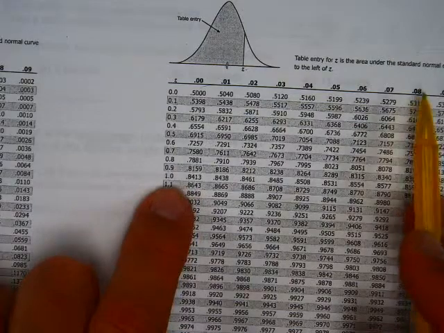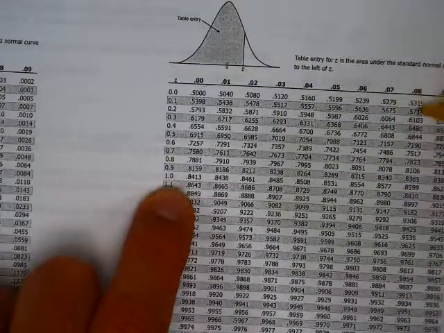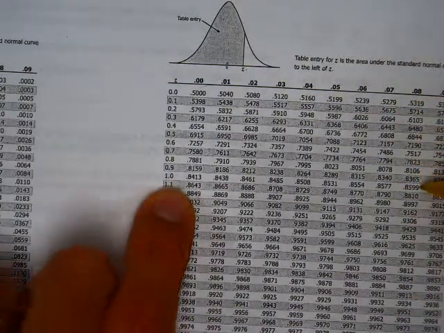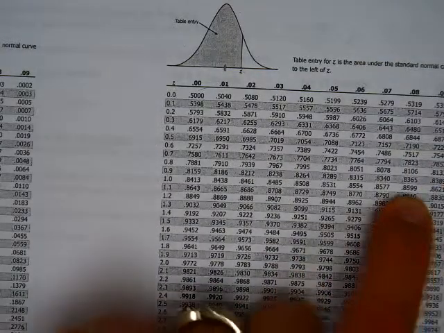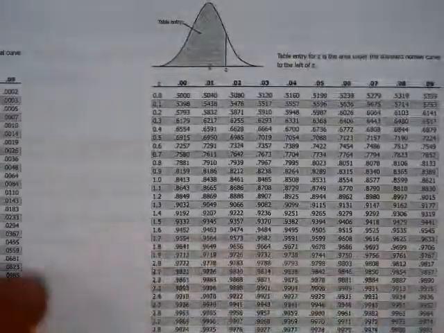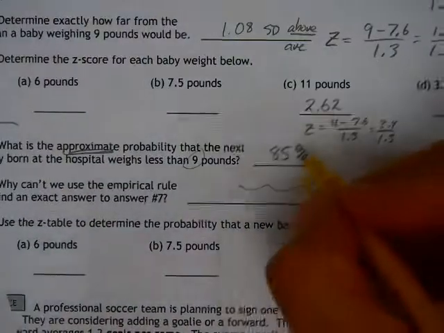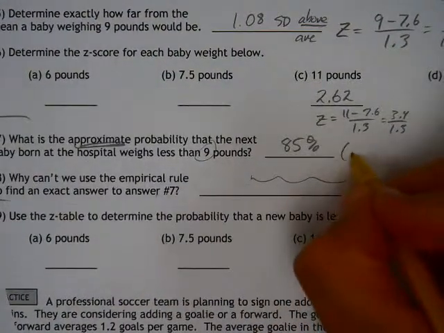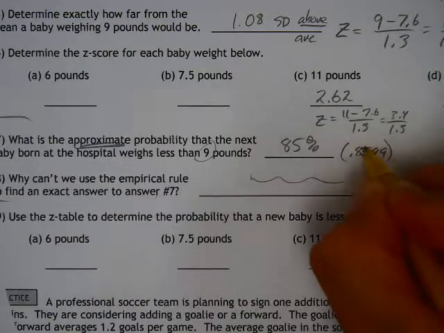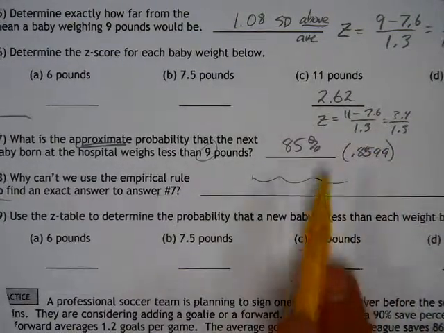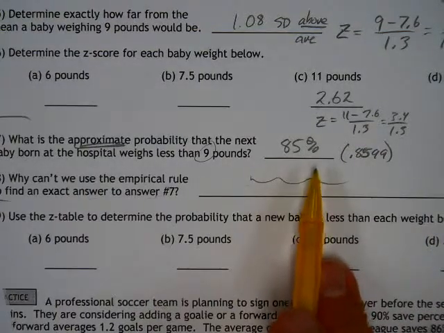So for 1.08, you go down that column until you get to that row, and it's 0.8599. I was a little low on my 85% estimation, but it wasn't a bad approximation.